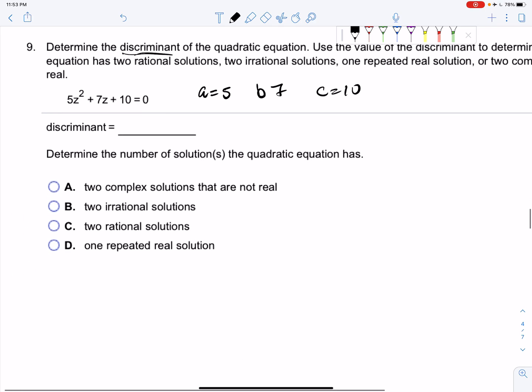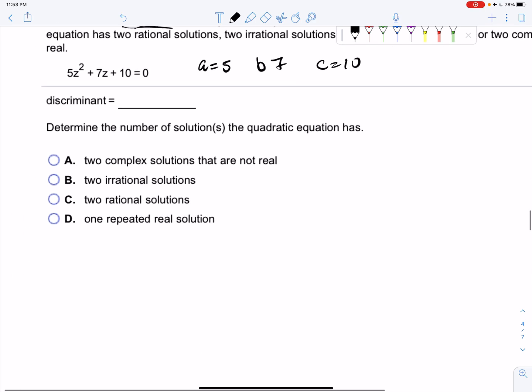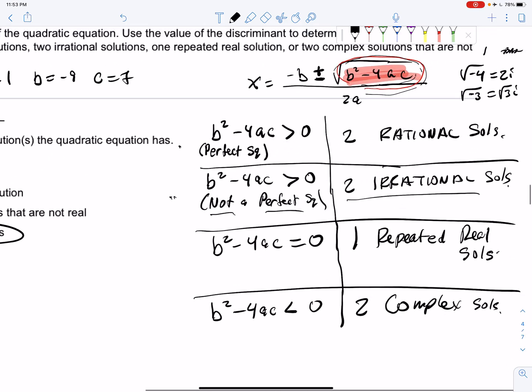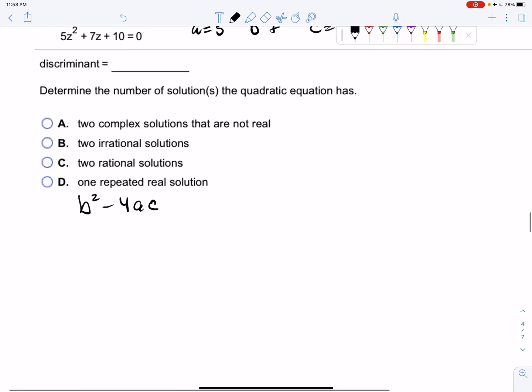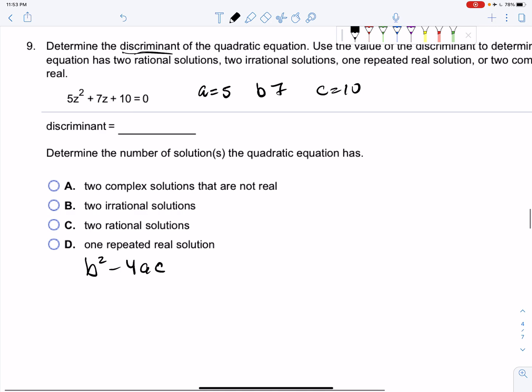Okay, so let's go ahead and do this. Remember, b squared minus 4ac. And if you forget what the discriminant is, just go back to your quadratic formula. Oh, there it is. b squared minus 4ac under the square root symbol. So it's not hard to remember if you have that quadratic formula memorized.